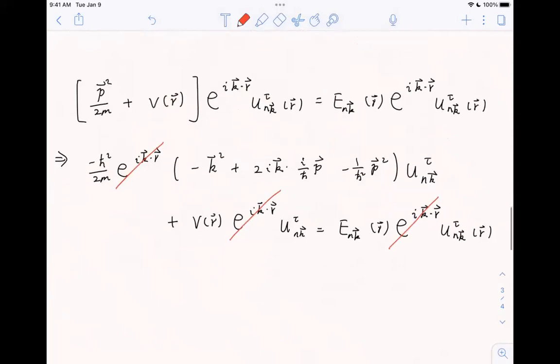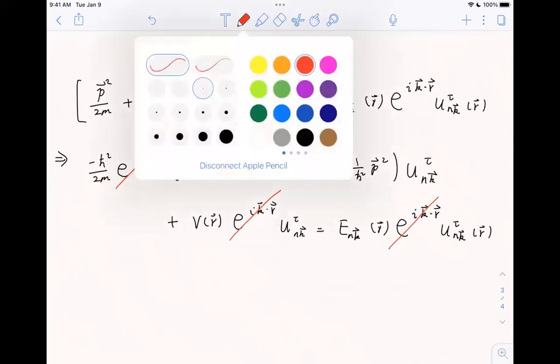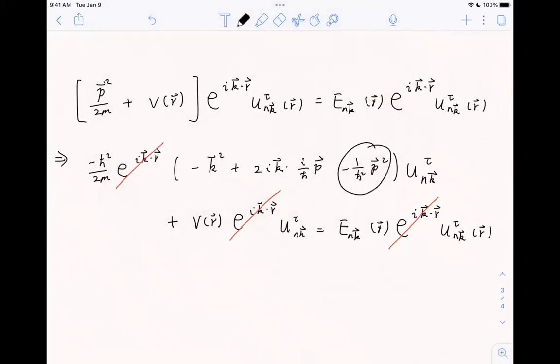After you cancel it, then this term will just become P squared over 2M. Then this term will become, let me see, you have a minus got cancelled.